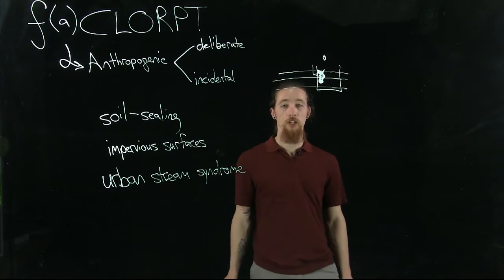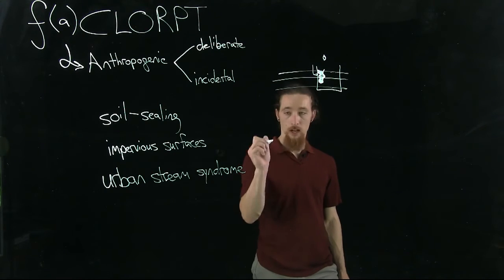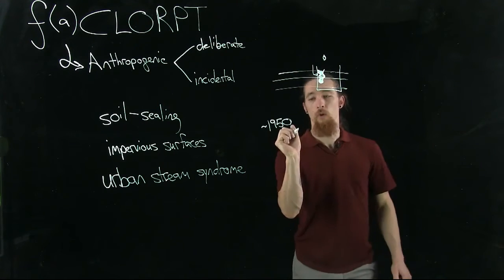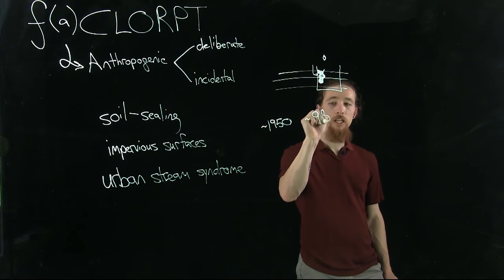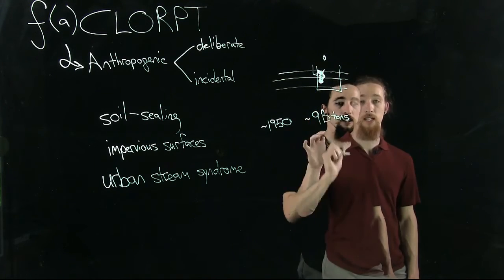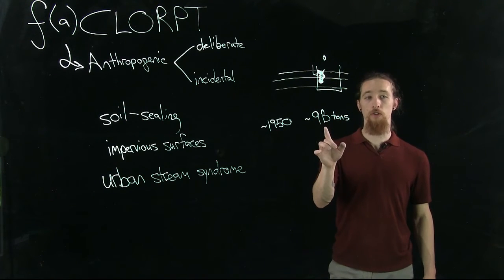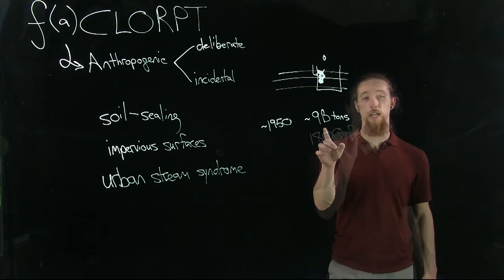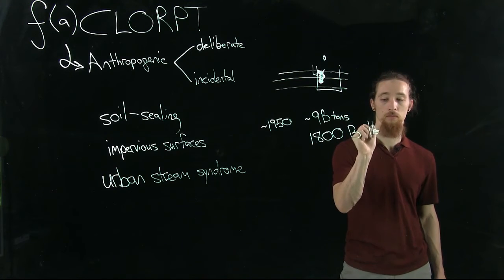This is an especially pressing issue because since the invention of plastic from about 1950, we've produced globally about 9 billion tons of plastic. That's 1,800 billion pounds.